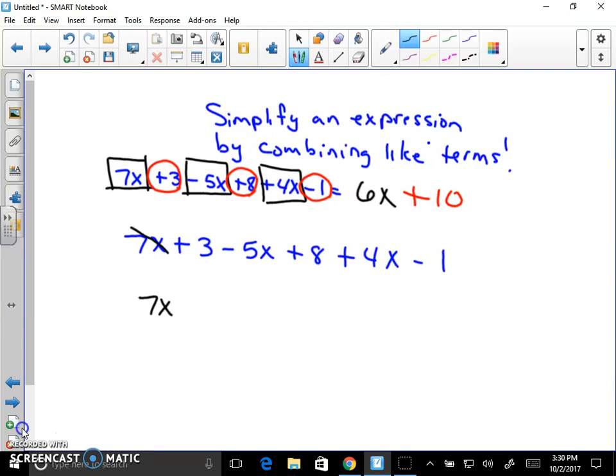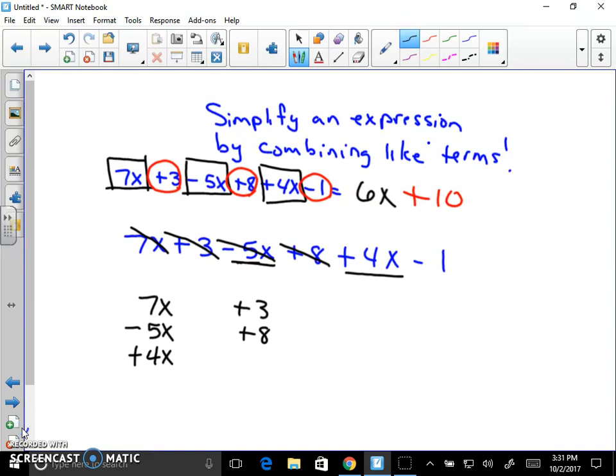Okay, so that's done. And now I see a constant, so this is a plus 3. So I'm going to say this is a positive 3. That's done. Now I'm on this term right here. It says negative 5x. So I'm going to put it under this term because it looks like that one. Then I'm going to take this plus 8. And then this plus 4x.